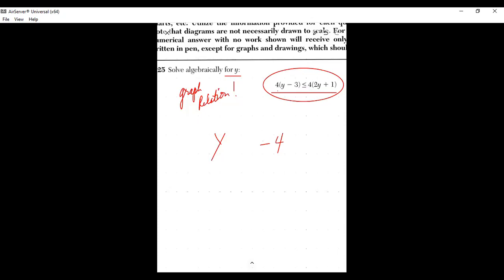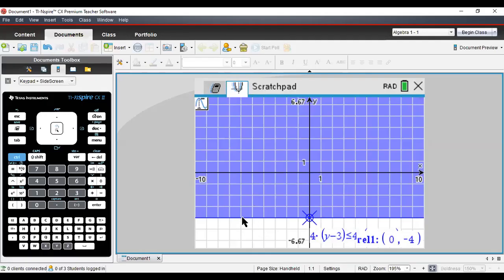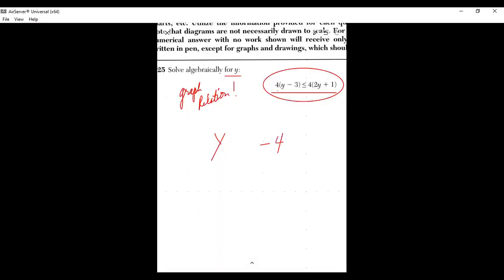And this is how you tell. It's pretty simple. Since the shading is above the line, that means it's going to be greater than. Everything greater than this line is the solution. So I go back to my iPad, and I'm going to say greater than or equal to.